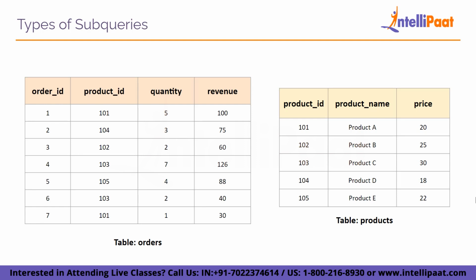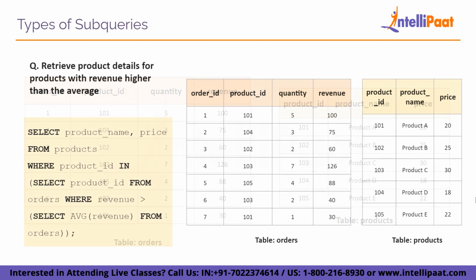So imagine you are a sales manager trying to find out how well certain products are performing in terms of their revenue. So you could use a nested subquery to first find the total revenue of each product from the orders table. Then you could use the nested result as a filter in the outer query to fetch product details from the products table.